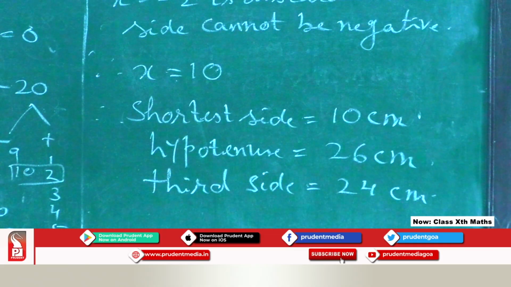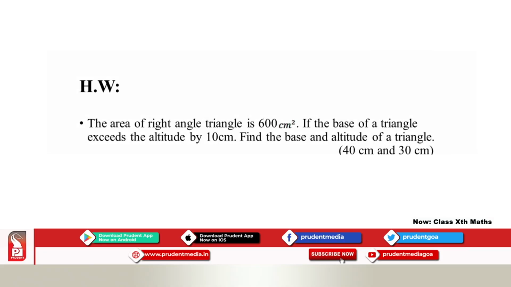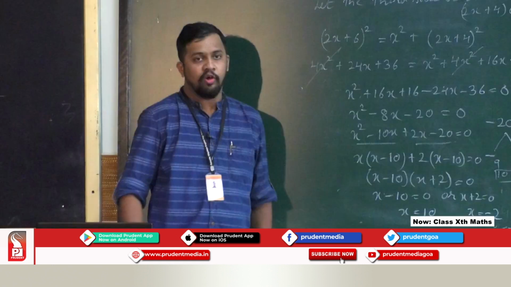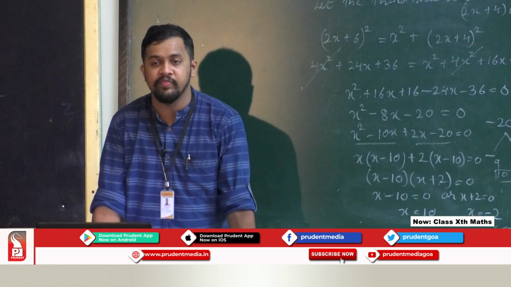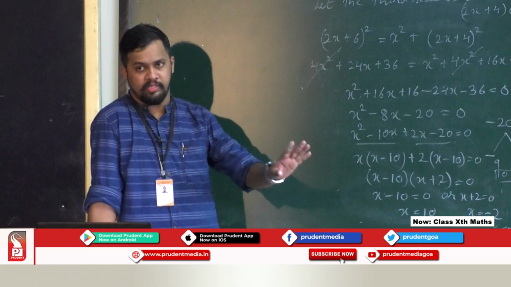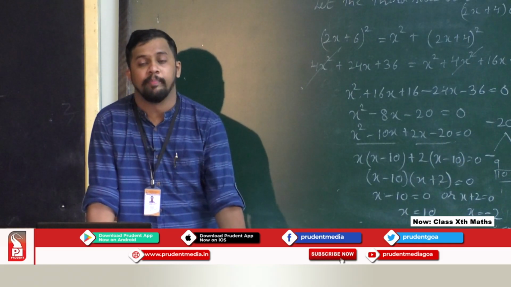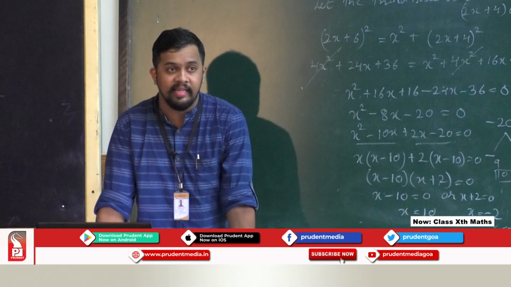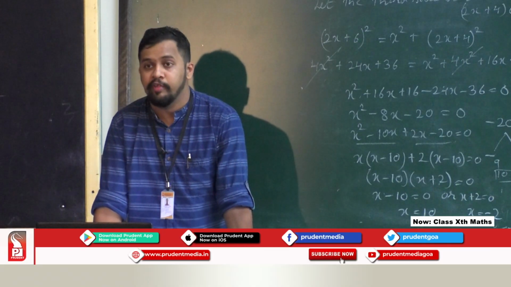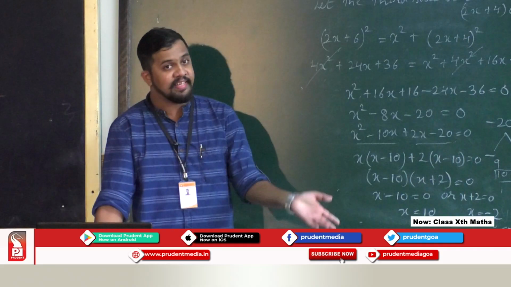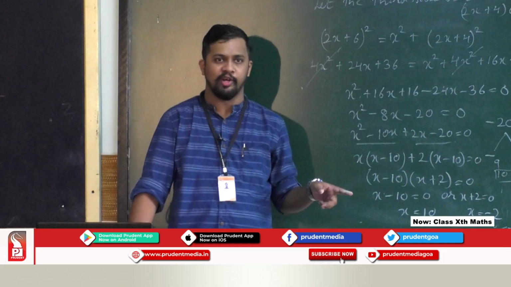Okay, so this was a problem based on this, and for homework, these are the questions for you to solve. Okay, so if you see, today we have learned three types. One type was edge, and one type was the problem related to rectangle, that is length and breadth of the rectangle. We use the area of rectangle formula, and in the same rectangle we use the Pythagoras theorem.